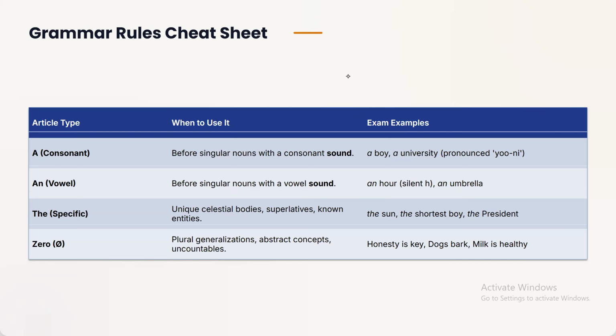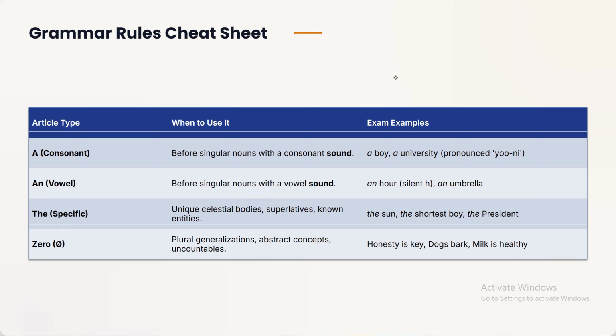So that's where many students get trapped. They are mostly interested in the alphabet. Please, it's not the alphabet. This is where we need sound skill. You're going to listen to the sound you hear. That would determine if the word has a consonant or a vowel sound. So if we are presented with a consonant sound, we are going to use a. And when we are presented with a vowel sound, we would use an. And for something more specific, we are using the.